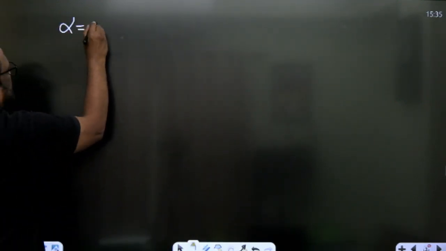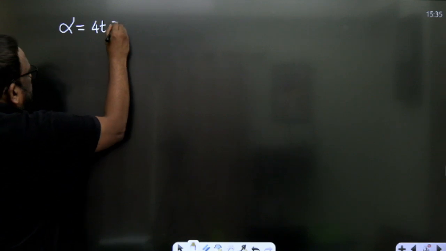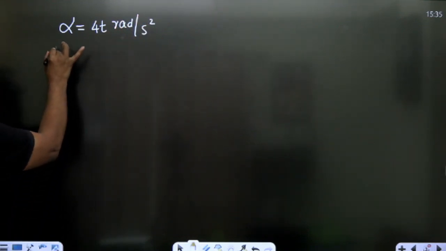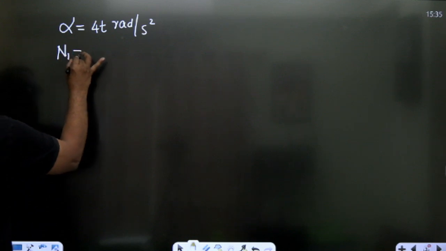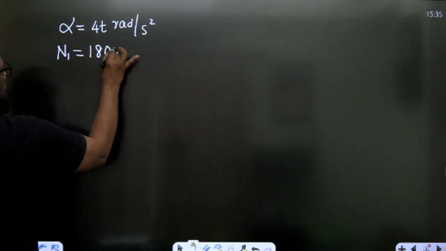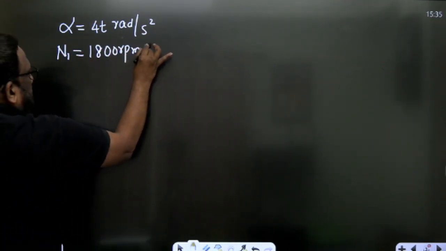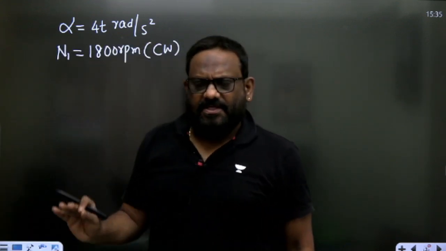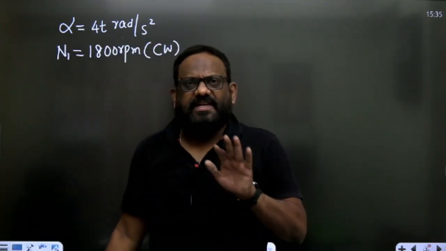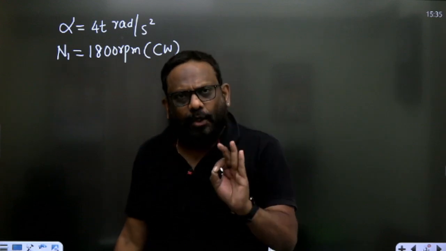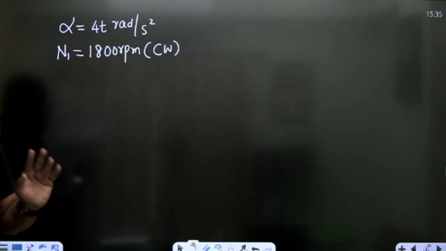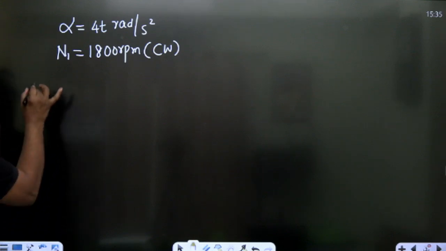Alpha is given as 4t radian per second square. And the initial speed is 1800 rpm, but please note down that it is clockwise. Generally, our convention is to take clockwise rotations as negative and anti-clockwise as positive. First I convert this speed into radian per second.